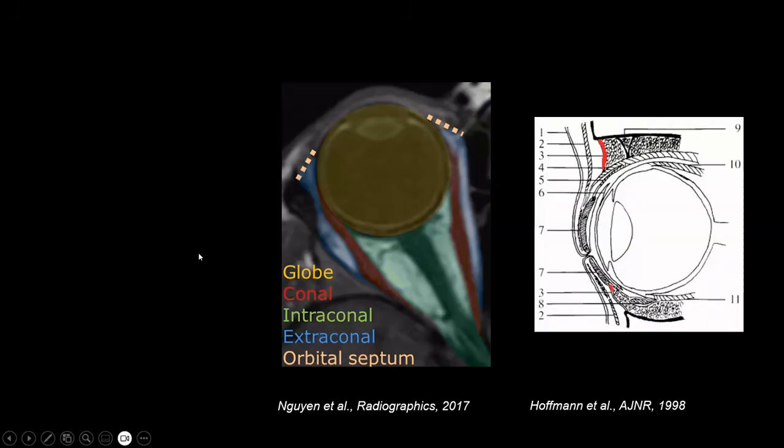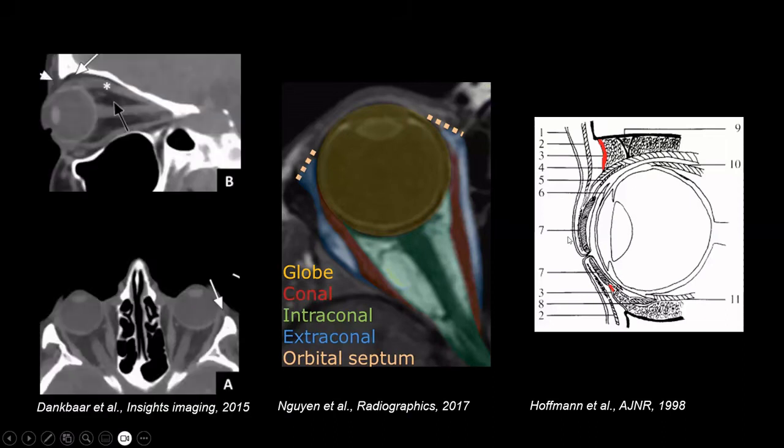This is just an anatomical illustration with the orbital septum shown in red running from the orbital roof and the orbital floor respectively and inserting on the tarsal plates of the eyelids. And as said, it's very difficult to see. We see here this arrow, this very, very small linear structure is the orbital septum, the superior part. As said, very difficult to see, and here we see it on an axial figure.